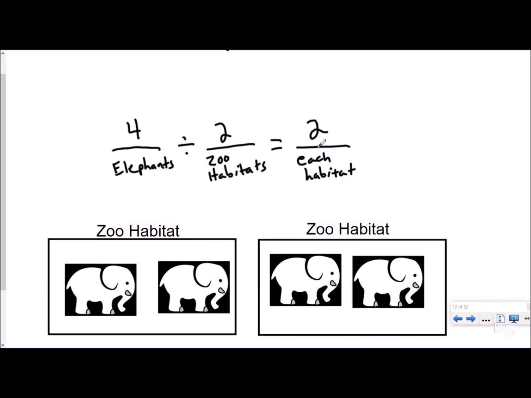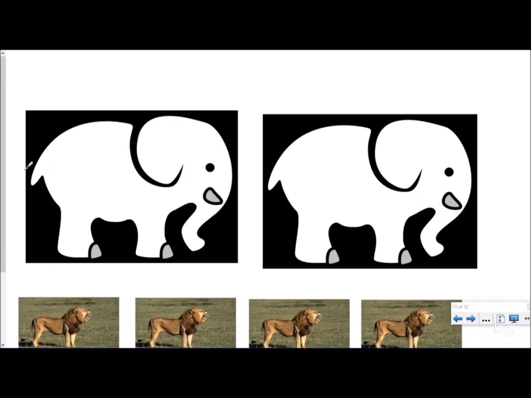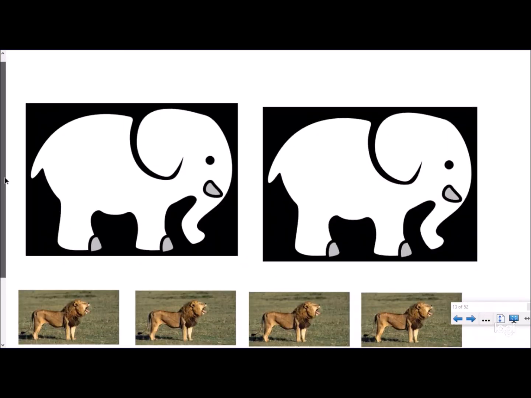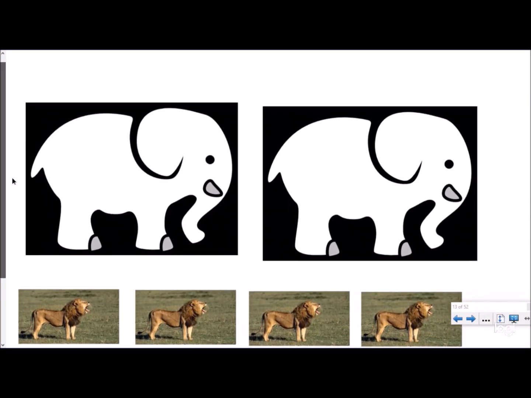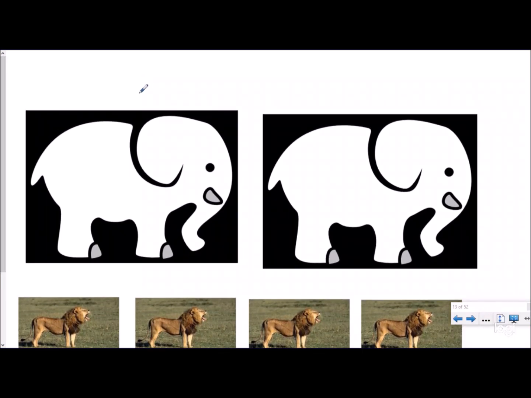So let me show you another example that involves elephants. So here we have 2 elephants, and we want to share them equally between 4 lions. I'm going to draw my blank division equation first. So if this were a word problem, we would draw this. What is being split up here? My elephants are.